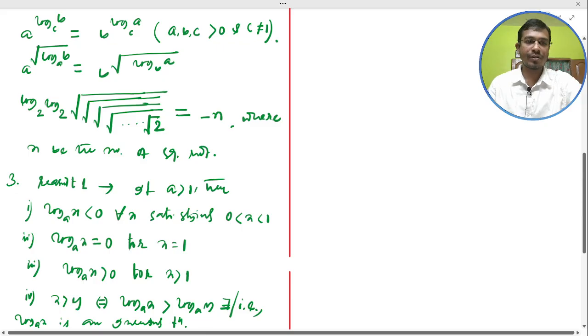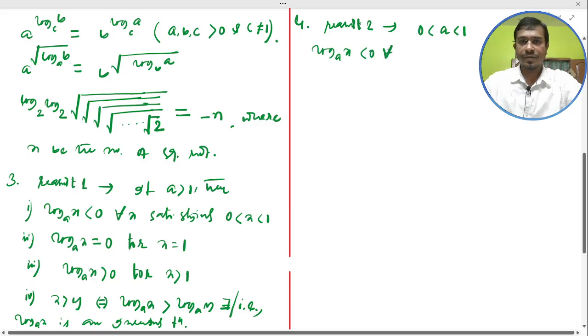Next, result 2: the condition holds 0 less than a less than 1. Then log x is less than 0 for all x greater than 1. Log x equal to 0 for x equal to 1.